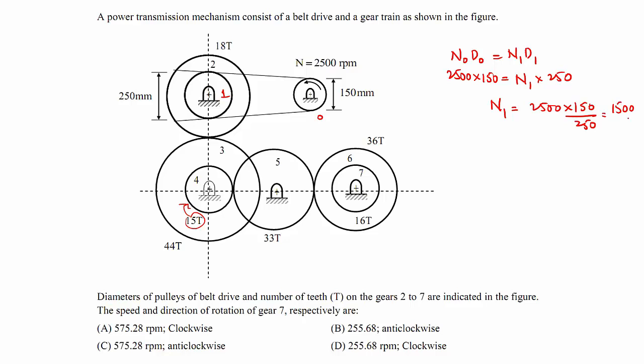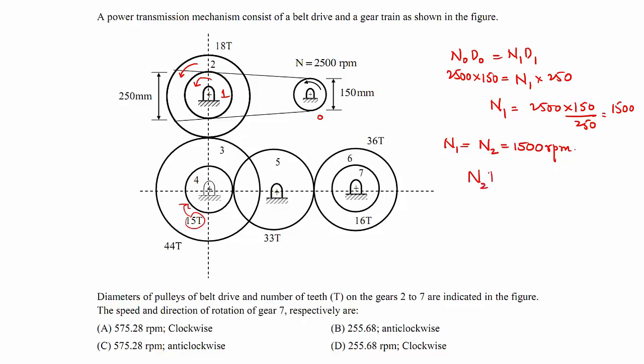This is 1500 RPM, rotating in anti-clockwise sense, so this will also be rotating in anti-clockwise sense. So N2 is equal to N1, which is 1500 RPM. Now the two gears, gear 2 and gear 3, are touching each other, so their pitch line velocities will be the same.